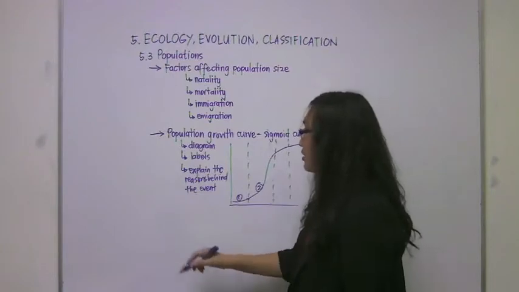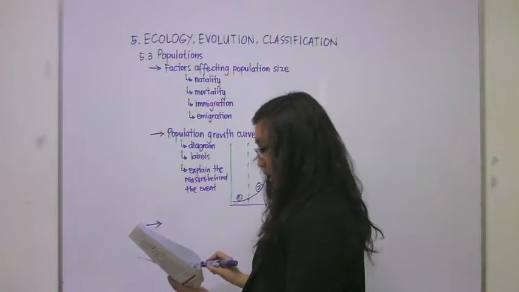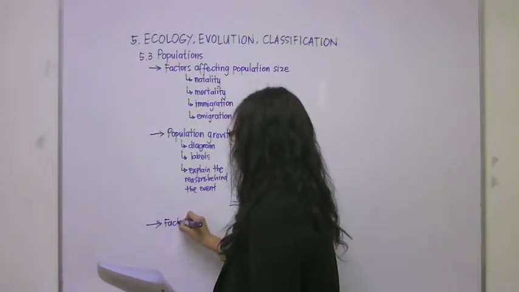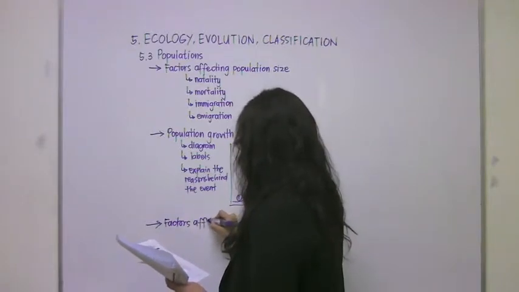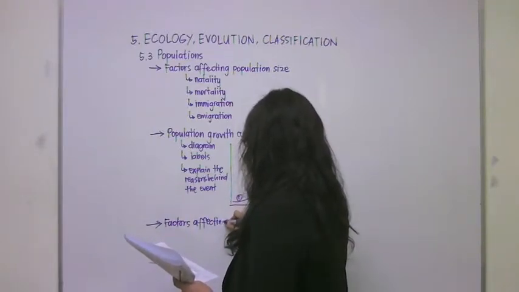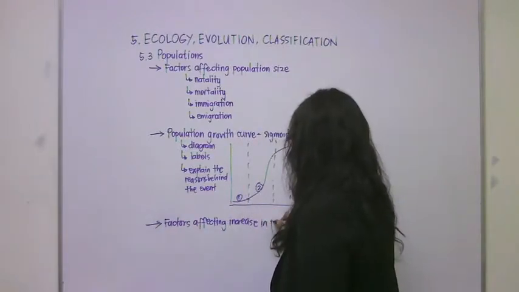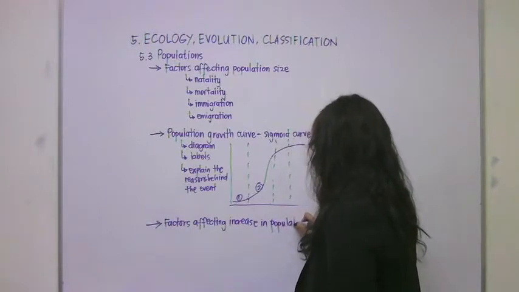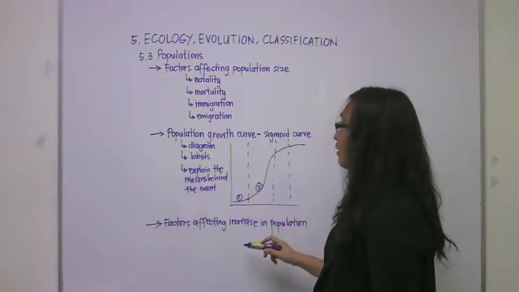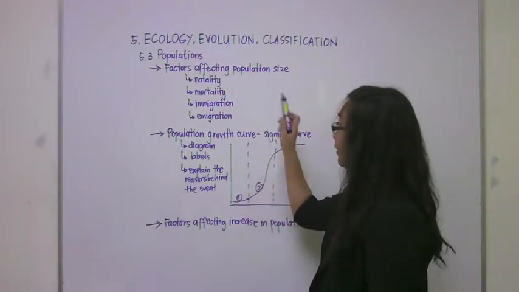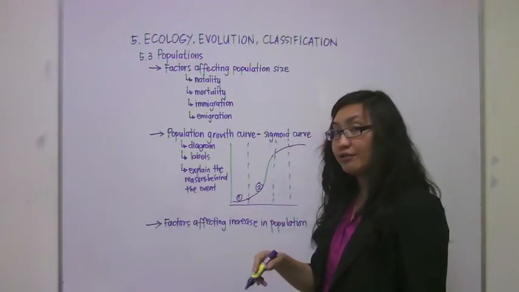Once we have discussed the population growth curve, we should now discuss the factors affecting population increase. Once we have identified the factors affecting the population size, what are the factors that could further increase a population?